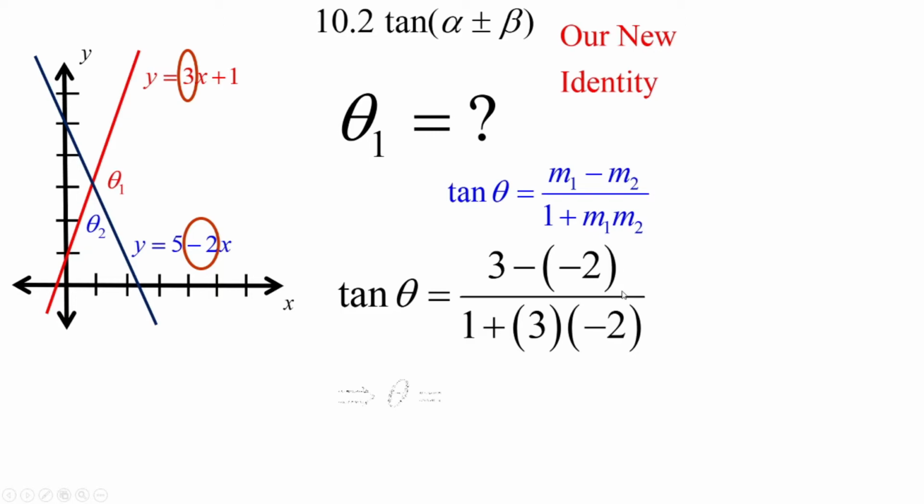Okay, so let's clean this up, and I'll try not to make an arithmetic error this time. So that's going to be 3 plus 2, that's 5, and that's going to be 1 minus 6, negative 5. So tangent of theta is negative 1, isn't it? So if tangent of theta equals negative 1, I need inverse tangent of that negative 1, or the angle whose output is negative 1.